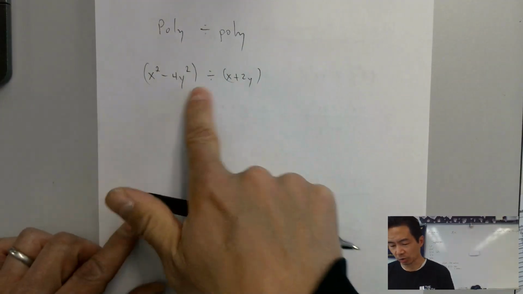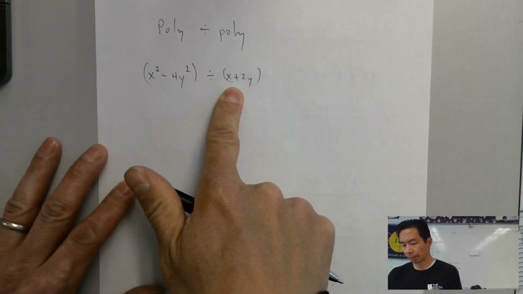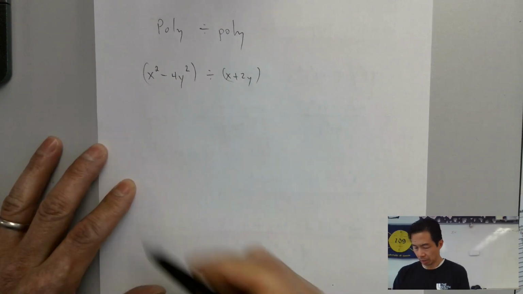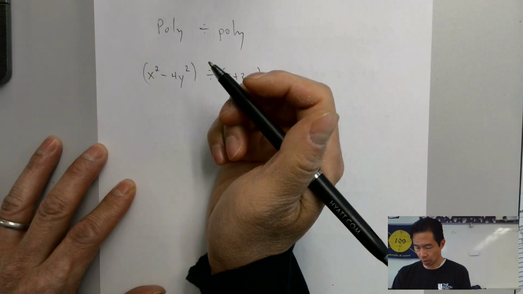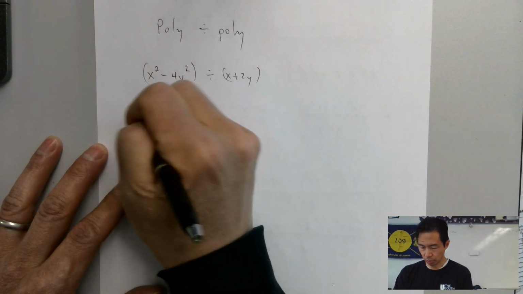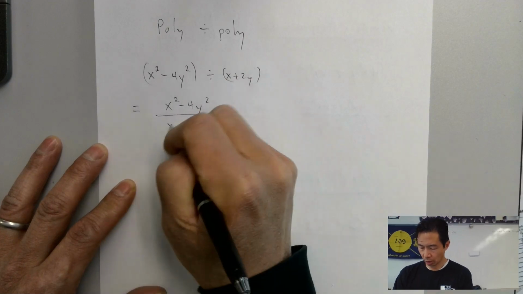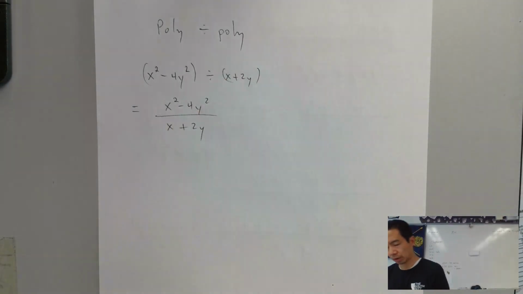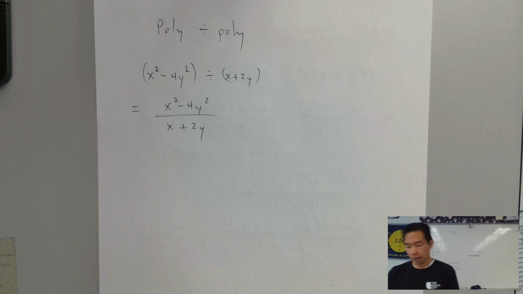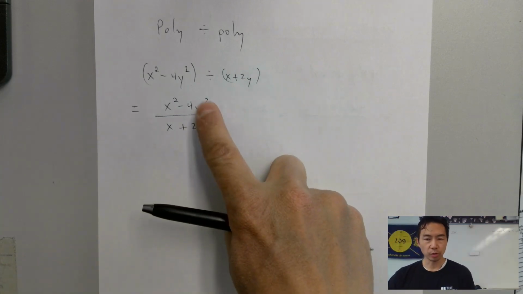It's a binomial divided by a binomial. Okay, and I'm going to write it as a fraction. Now, when you have a fraction, focus on the polynomial in the numerator.